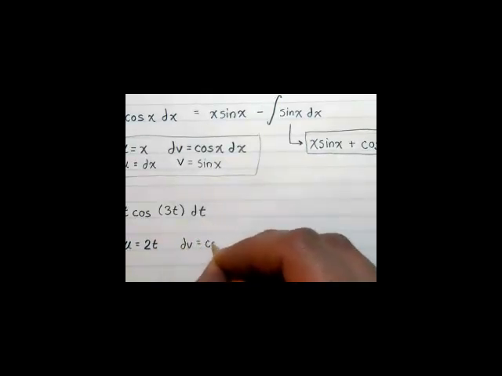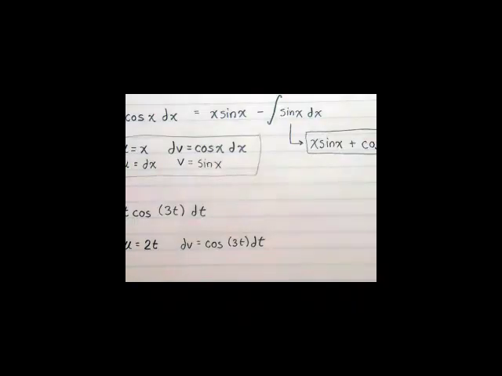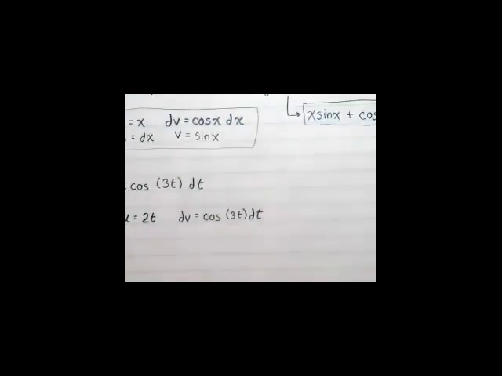Yep. You want to, yeah, so if you take your u and your dv and multiply them together, it should be the whole thing that you started with. So, yeah, if you're going to pick 2t as your u, the rest of it has to be dv then. Okay, but this is workable.